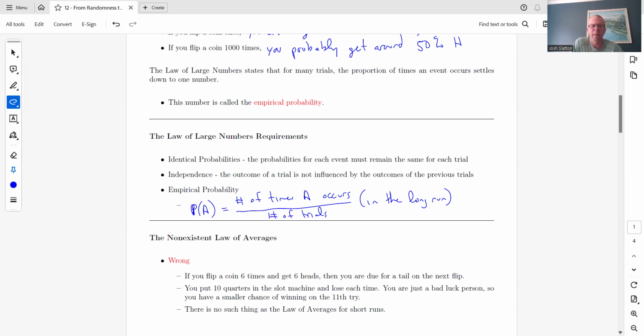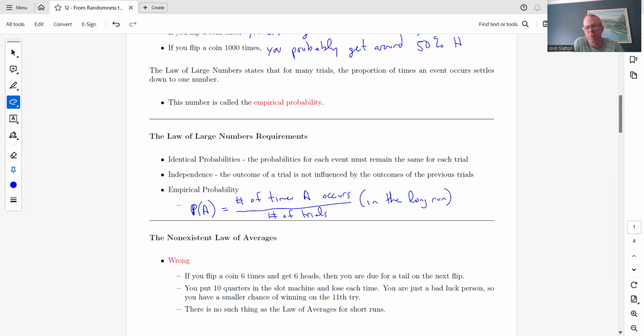That's obviously not correct because the first 6 flips do not affect what you get on the 7th flip. So it's still going to be a 50% chance. You still have 2 outcomes. They're equally likely. So one half is the probability you get tails on the next flip.